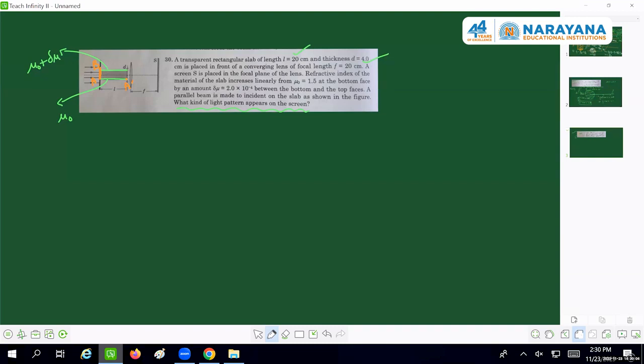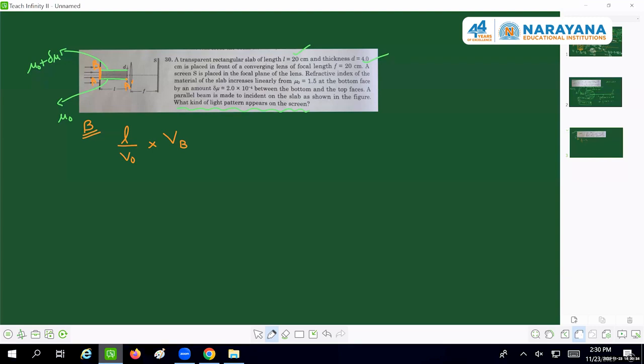So the time it has taken is L upon V naught to travel from here to here. I'm assuming velocity to be V naught for refractive index mu naught. And in the same time, the uppermost point B has traveled L by V naught times the velocity there, so maybe V_B, the velocity at that place.